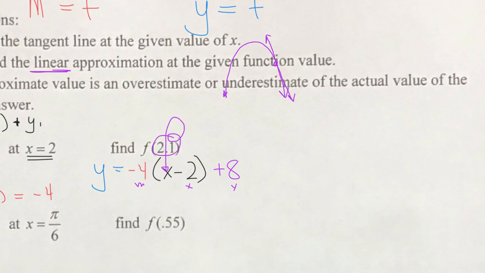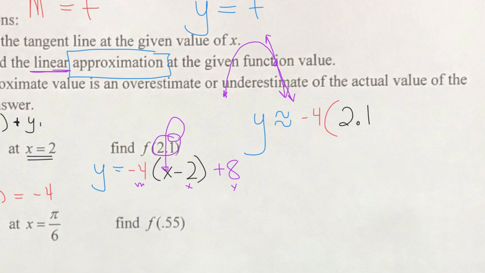Now, let's split hairs here. Y is not equal, y is approximately, right? We're using an approximation, so we're going to use our squiggly equal signs, not our exact equal signs. Y is approximately negative 4 times 2.1, that's our x value that we're going to be approximating, minus 2 plus 8.